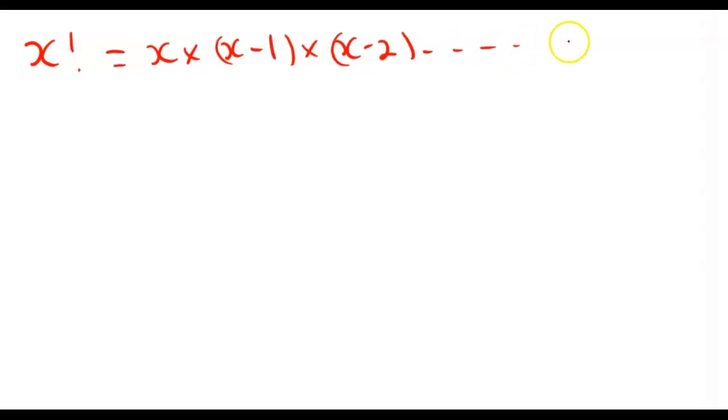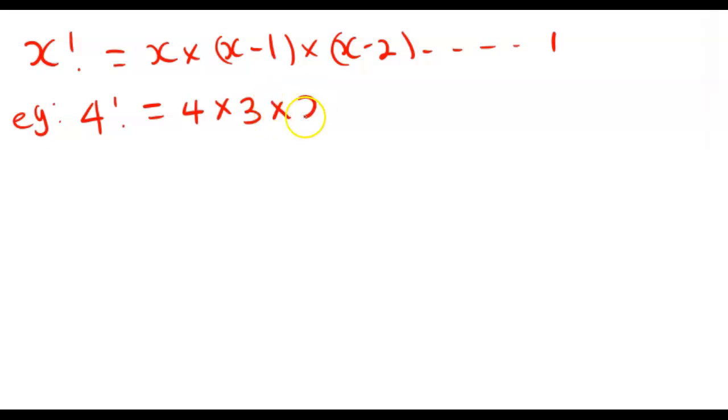Now, we know that if you have x factorial, this is defined by x times x minus 1 times x minus 2. You are going to reduce it up to the time that you get 1. So, for example, if you have 4 factorial, then we are going to have 4 times 3 times 2 times 1.